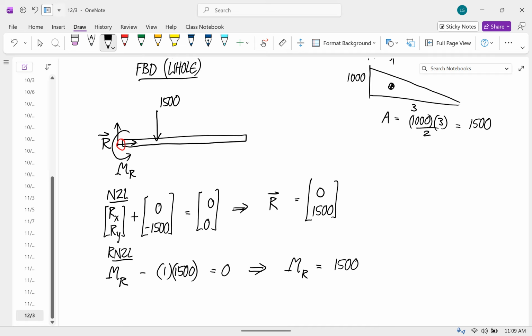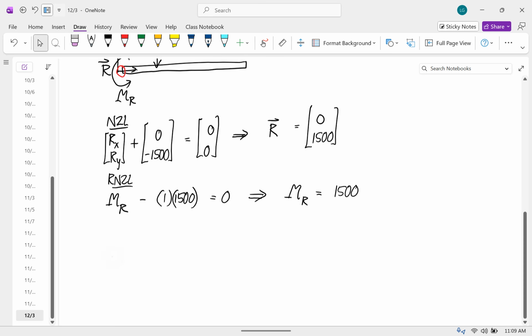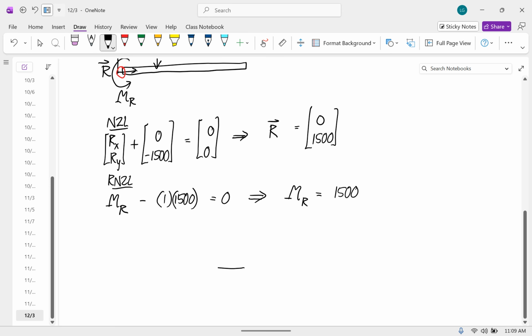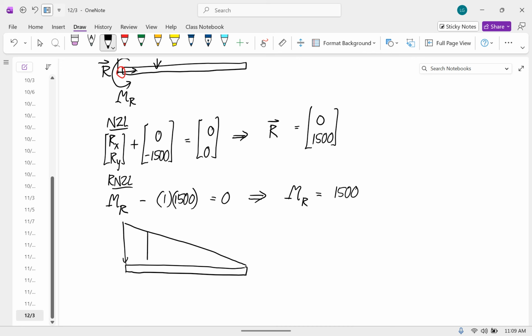And now we have to do our cuts. So this whole thing, if I draw out the free body diagram, here's our distributed load. And then we have an upward force of 1,500 and a couple of 1,500.